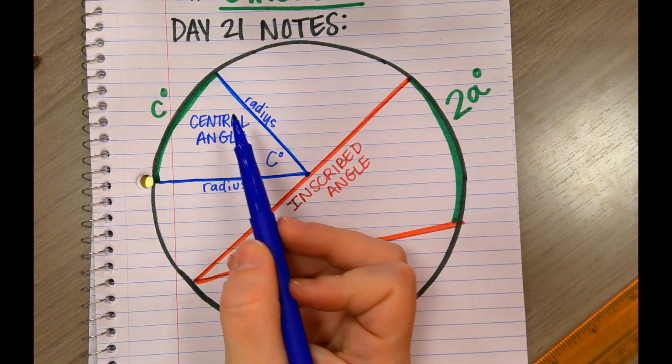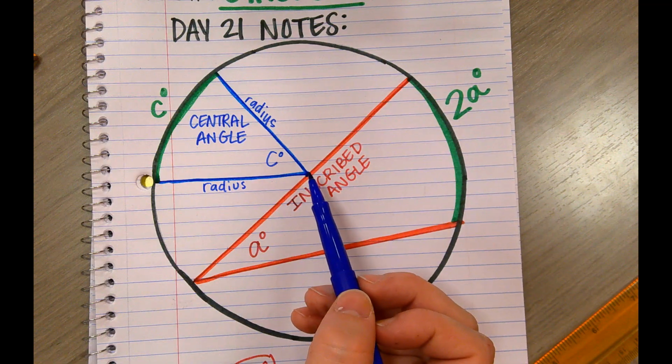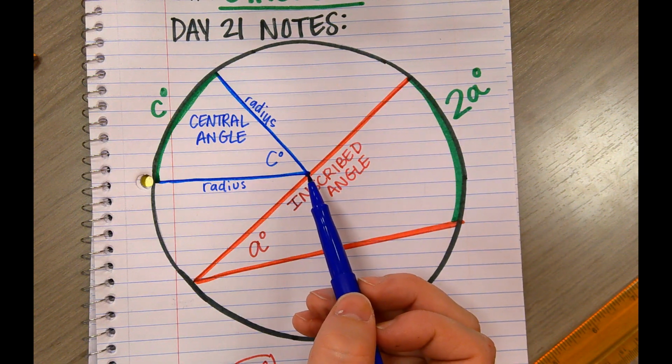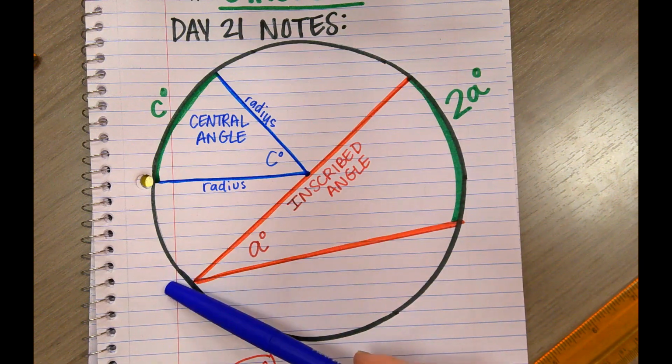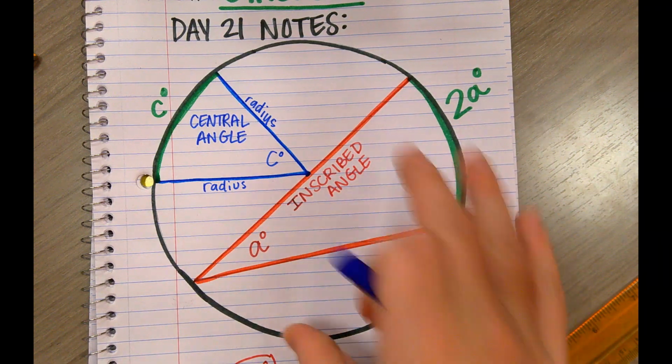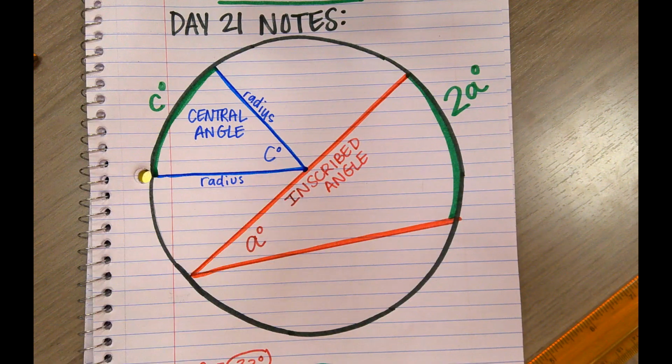We can remember this is a central angle because the vertex of the angle, the point, is in the center of the circle. So an inscribed angle looks like it uses more of a diameter. A central angle uses a radius.